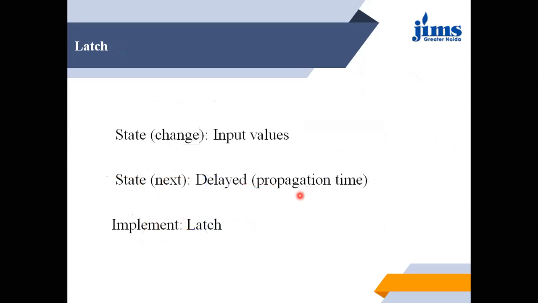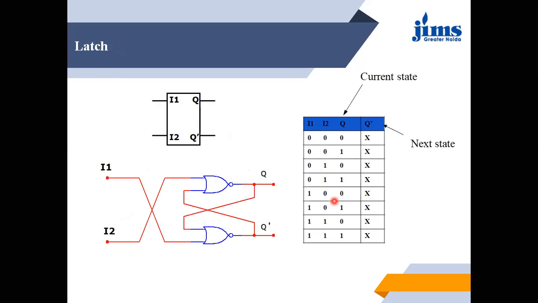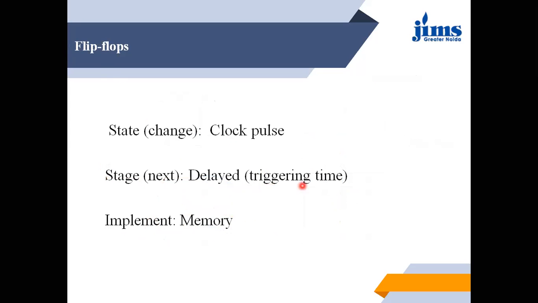If you see over here in the latch, then the time delay is the propagation time when the value is going to be changed. But in case of flip-flops, the delay time is the triggering time.